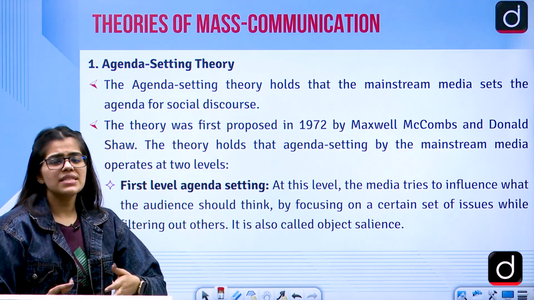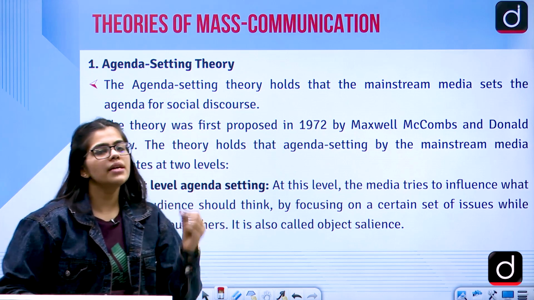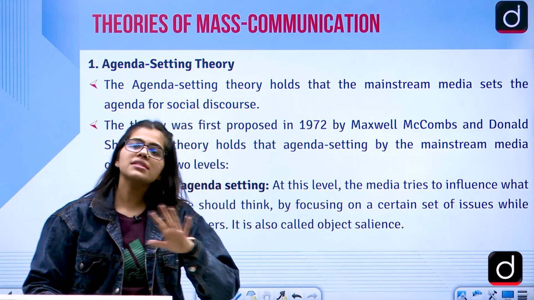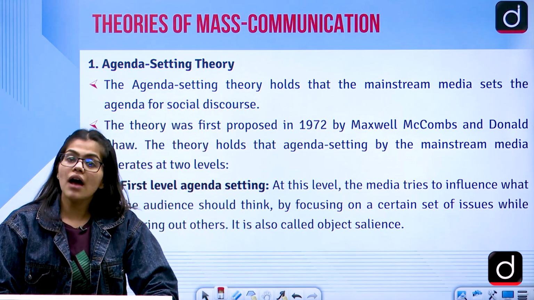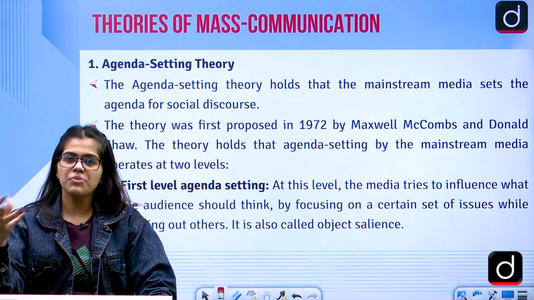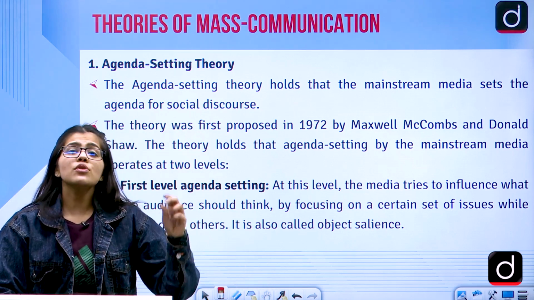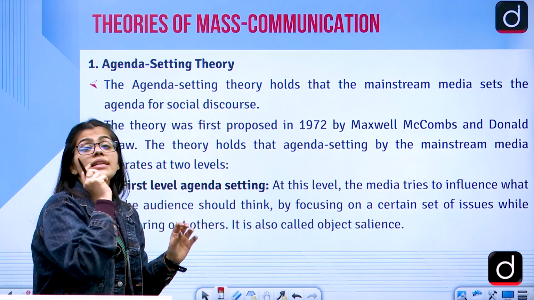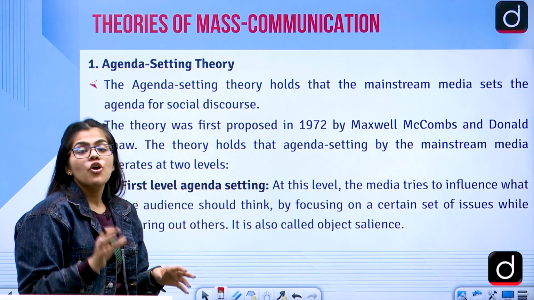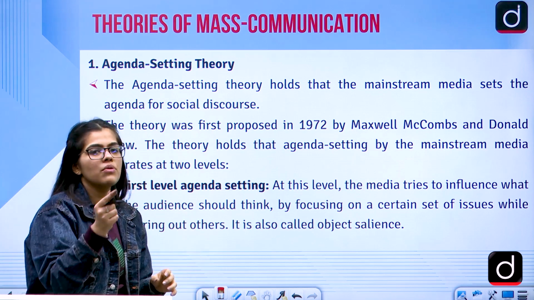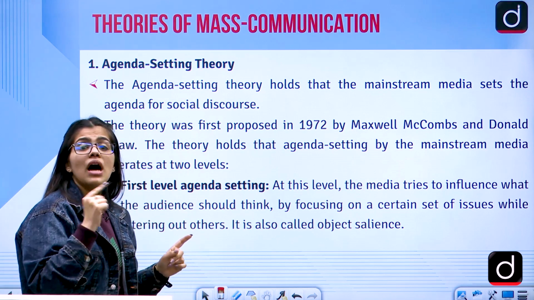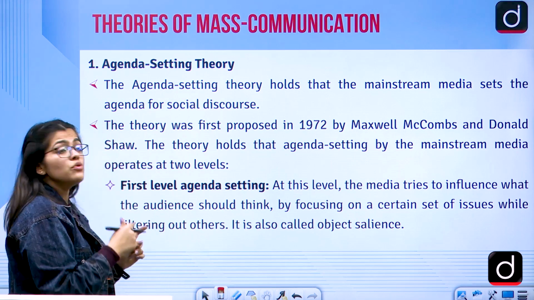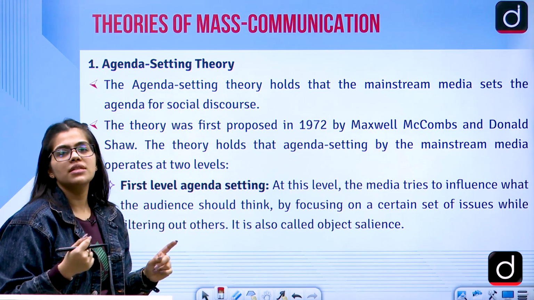In previous exams, when the exam used to be a little easier, they used to ask straightforward questions, but right now they'll twist the statements and the questions. So understanding the meaning of the words and the names of these theories is important. Also you should focus on who the founder is, because match the following questions are increasing now. So I want you to also learn who talked about these theories.